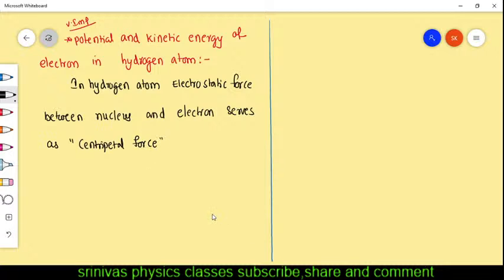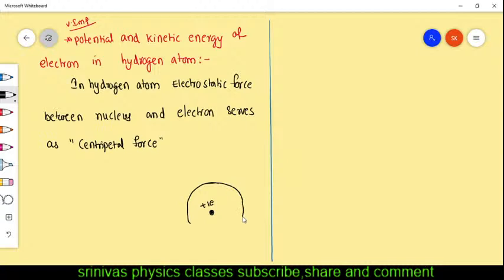What is happening here? This is the nucleus of the hydrogen atom. How many protons are there in the nucleus? Only one proton. Charge is plus 1e. And now one electron revolves around the nucleus in a particular orbit.